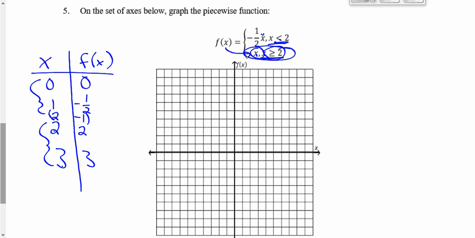And if you replace it with 3, the result is 3. I'm surprised there was any hesitation. Okay, plot them. Don't wait on me. Don't stare at me. Plot the points, and use your straight edge.